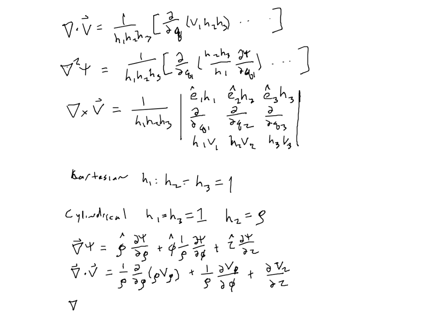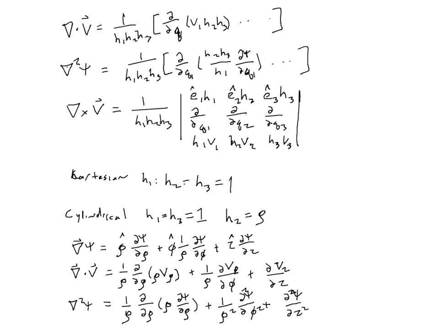And then you could do the same thing with the Laplacian, where it's equal to 1 over rho partial with respect to rho of rho partial psi with respect to rho, plus 1 over rho squared second derivative of psi with respect to phi, plus second derivative of psi with respect to z.